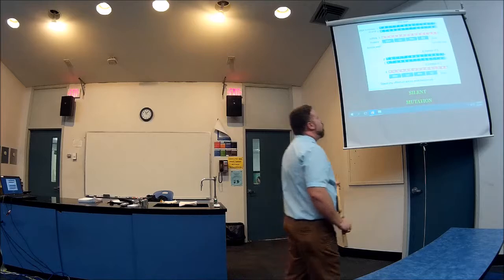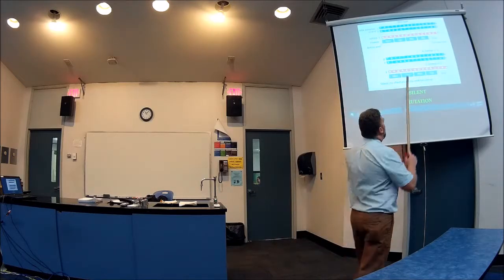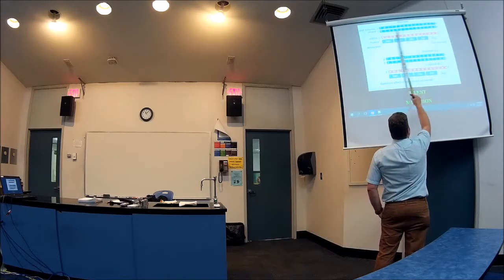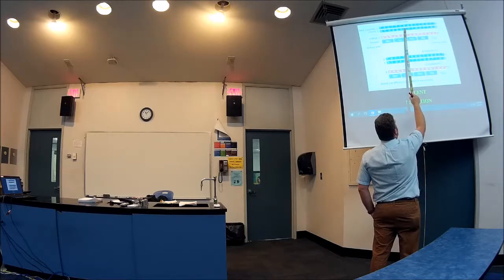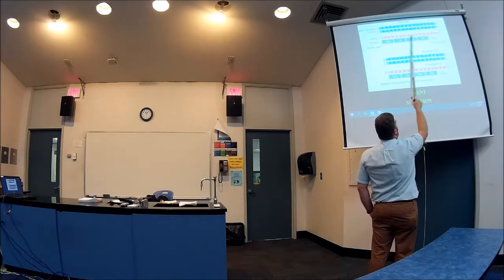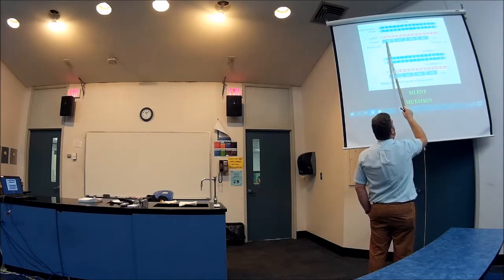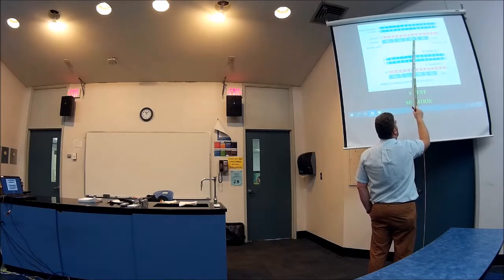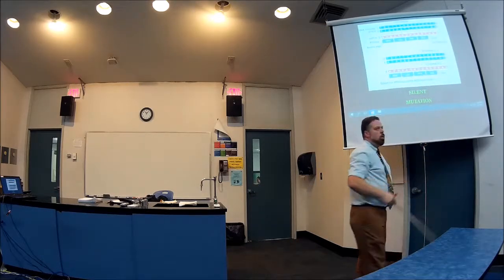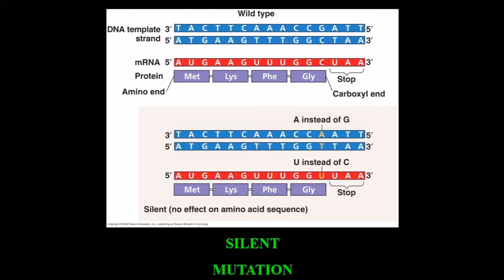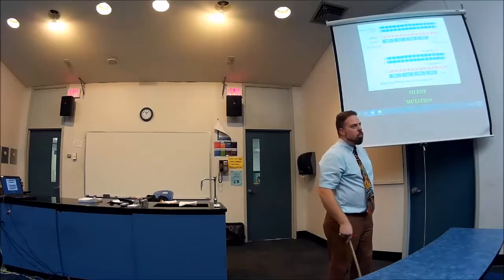This is a silent mutation, all right? The wild type is up here. In other words, this is the normal one up here, and the mRNA is going to be made. The red is the mRNA, and it codes for these amino acids: methionine, lysine, phenylalanine, lysine. Okay?